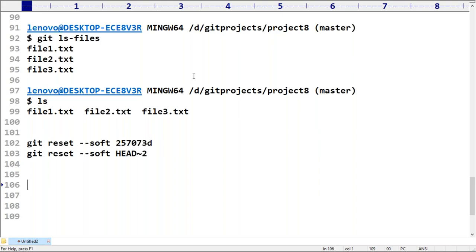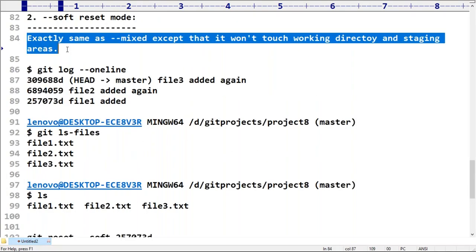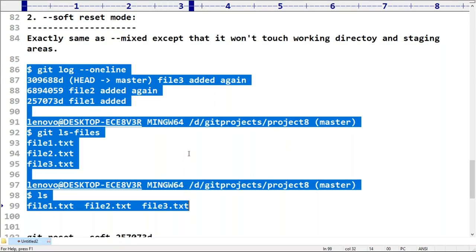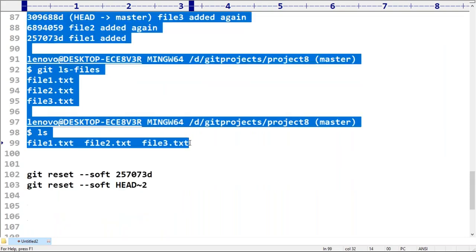Clear? Now observe this line: exactly same as mixed, except that it won't touch the working directory and staging area. Practically proved or not? Everything is as per discussion or not? Clear, right?